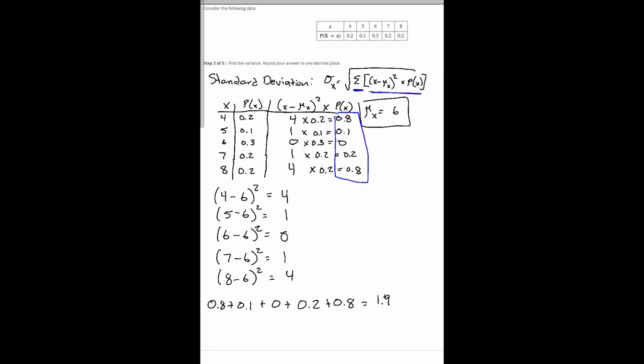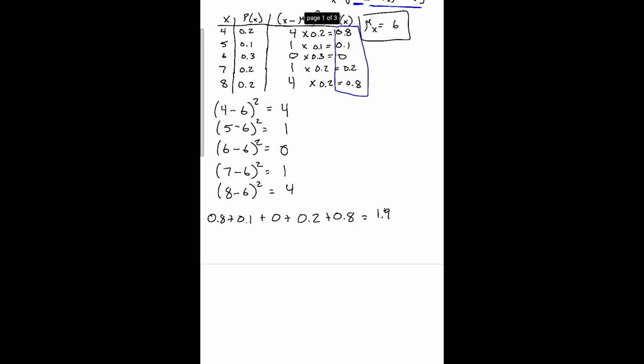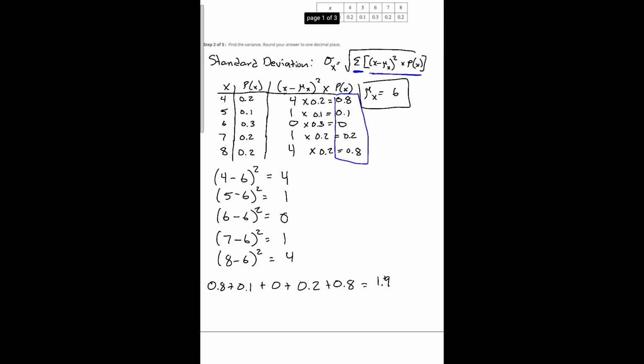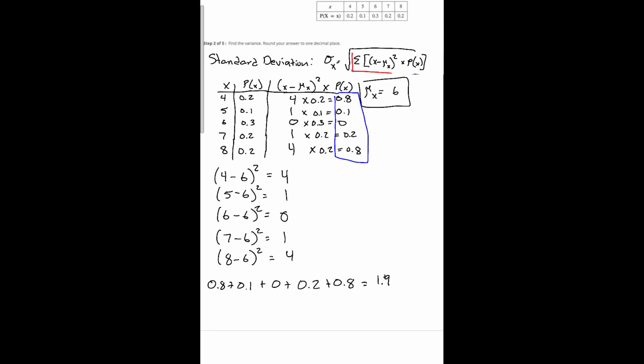All right? Now, the standard deviation formula, what that means is that now the 1.9 is everything we have inside our standard deviation formula. Okay? So now I can go ahead and substitute everything that I just circled in red.